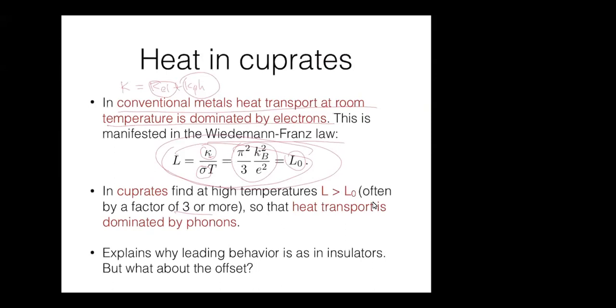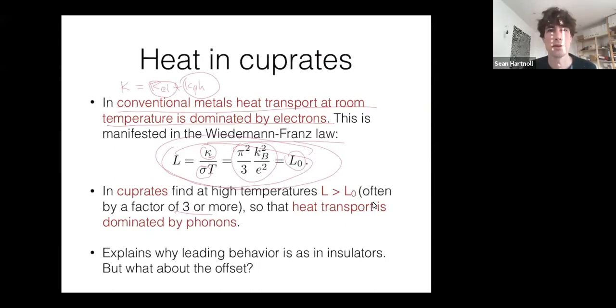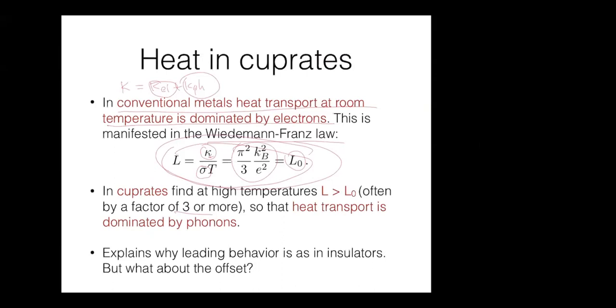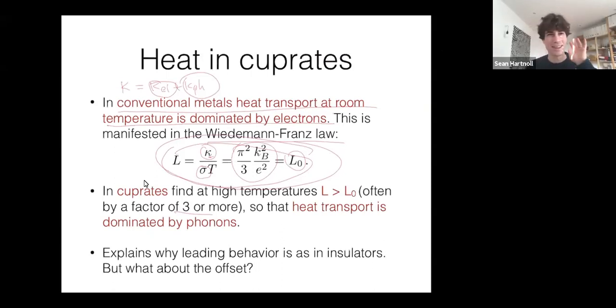Okay, so, can I interrupt you one second? Yes, go. Am I wrong, or do you need quasi-particles to derive the Wiedemann-Franz law? Oh, for sure. I think there are two aspects. Obviously, this pi squared over 3 comes with some integral of the Fermi-Dirac distribution, which definitely needs quasi-particles.